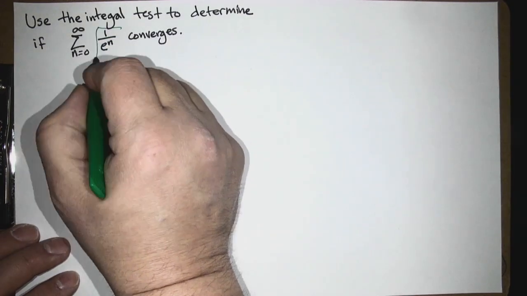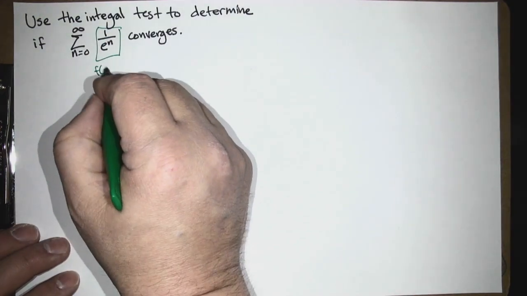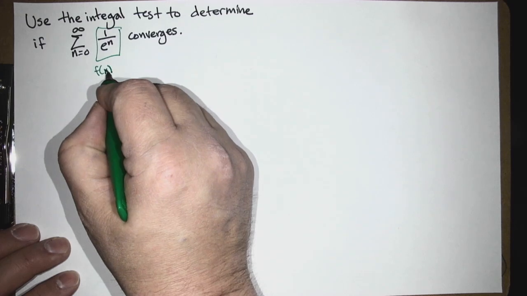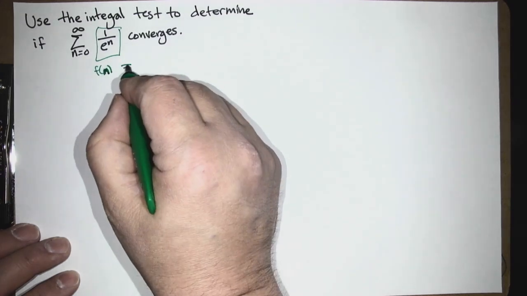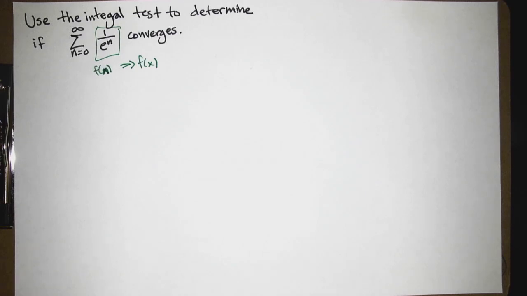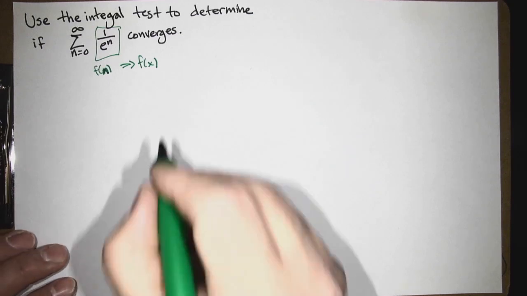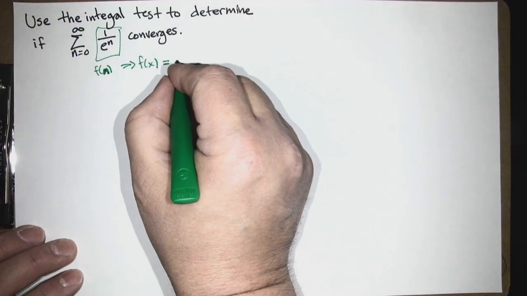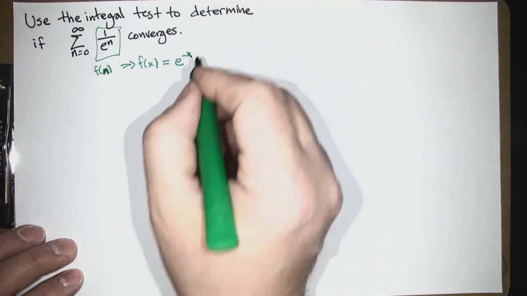If this is our f of n, then what is f of x? One over e to the x, also known as e to the minus x.